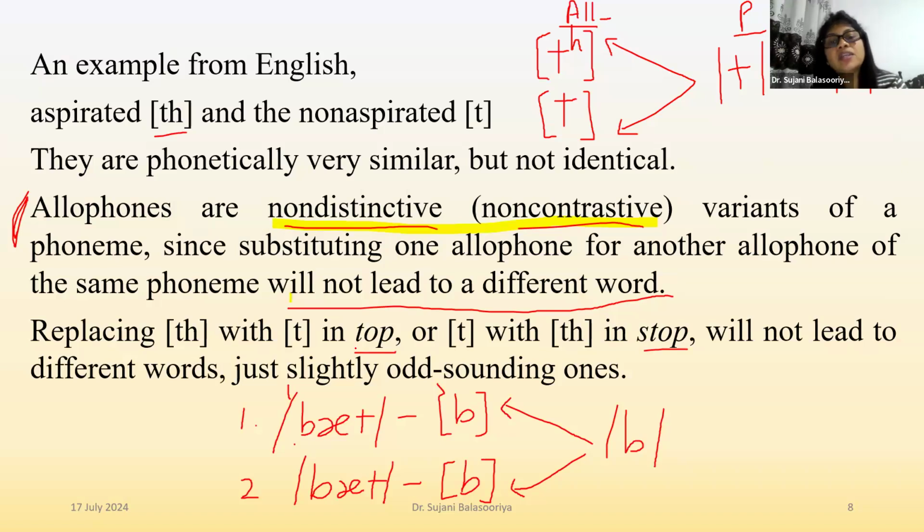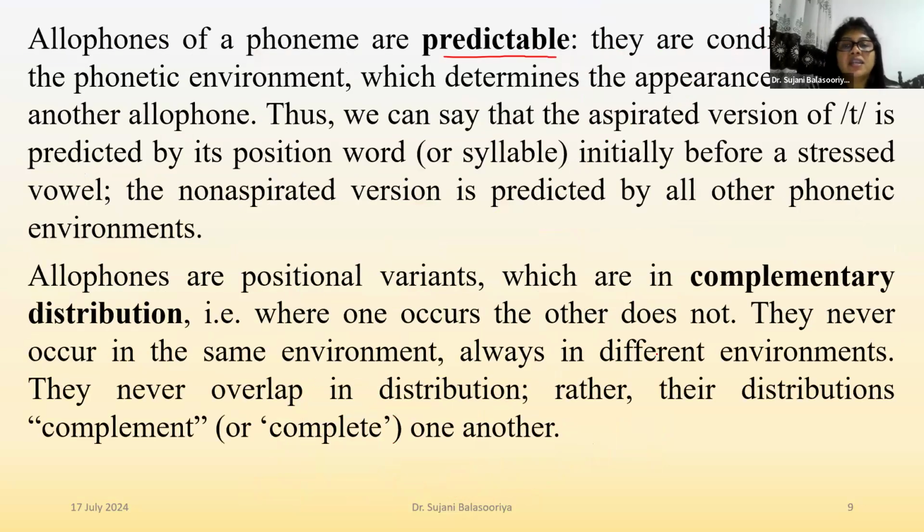It occurs in front of o, the vowel o, and also word initially, in the initial position. But regarding stop, this t is not aspirated. Although it occurs in front of a vowel sound, it is not in the initial position of a word. So therefore, it is not aspirated.